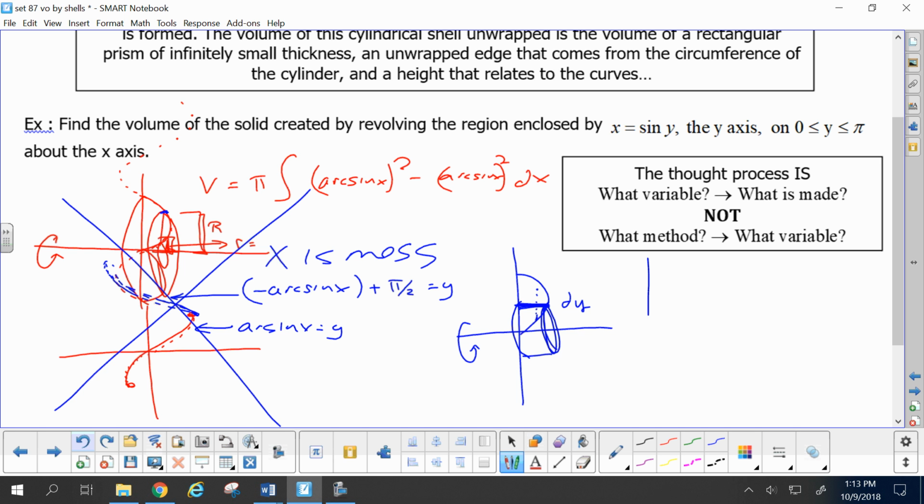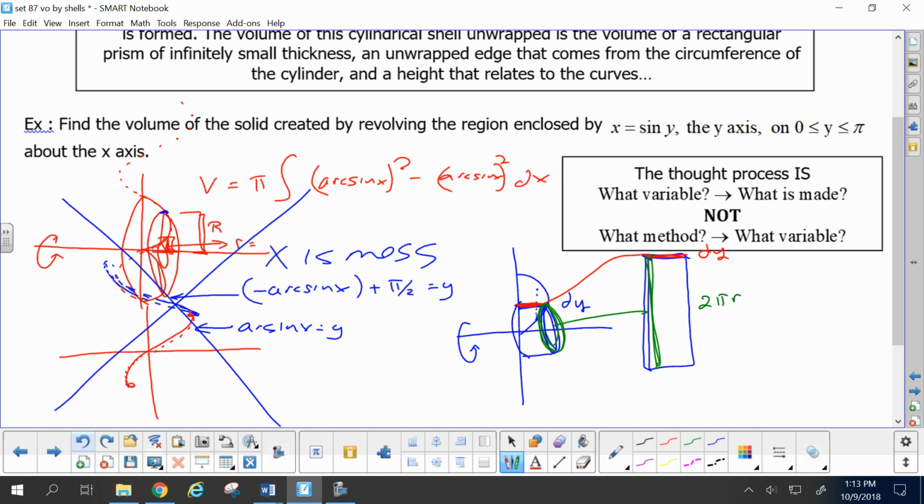When I unwrap it, because that is the idea, I want to find the volume of that piece. This thickness here becomes this dimension here, and what is that? dy. This circumference here, when unwrapped, becomes that length, which is 2 pi r.